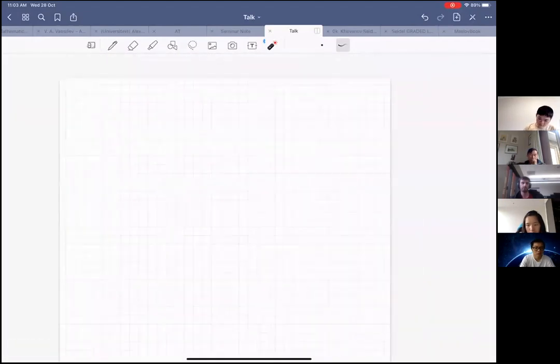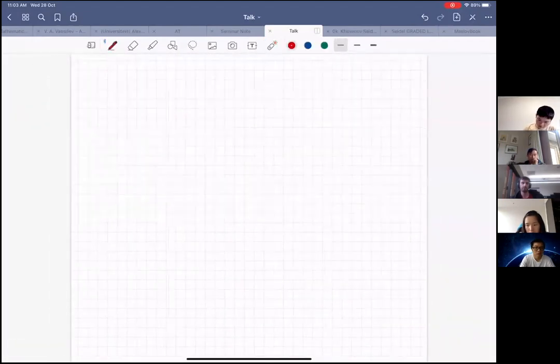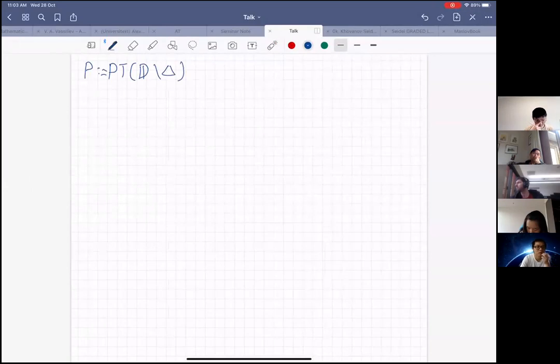So let's start over again. P is PT, the projectivization of my disk. And you can somehow also, with some trivialization, see it as the space.